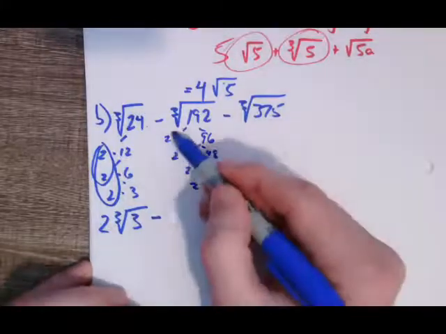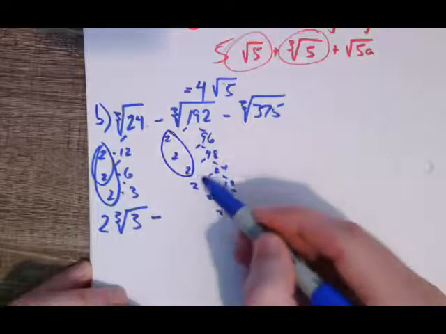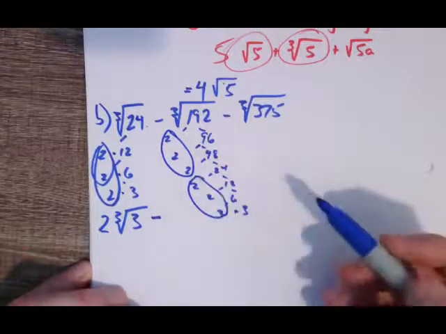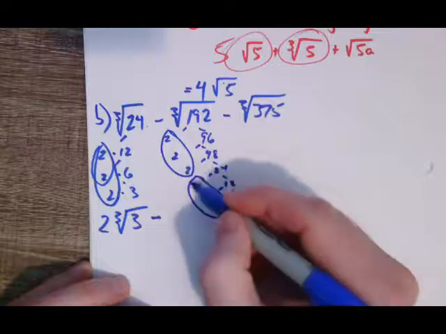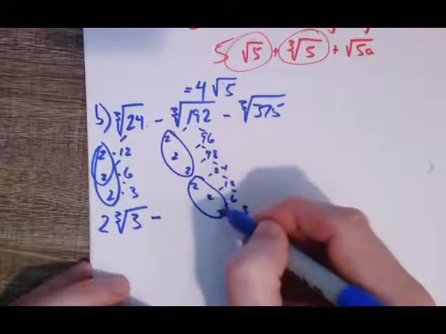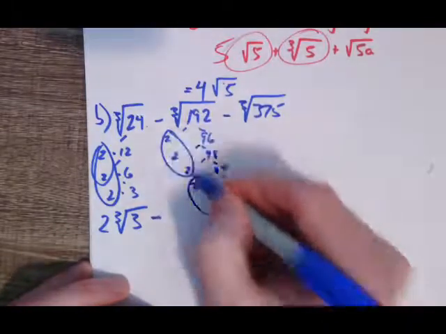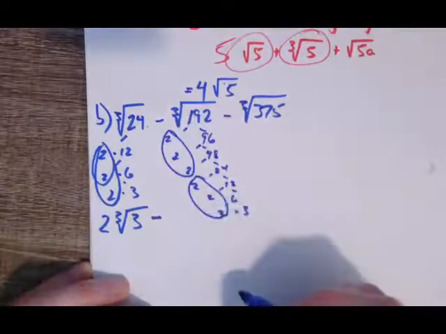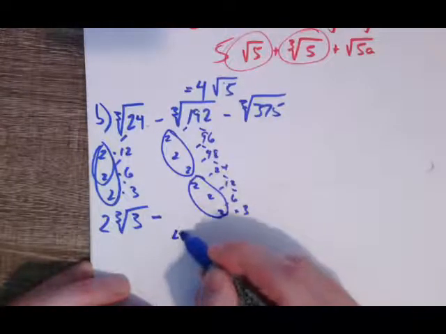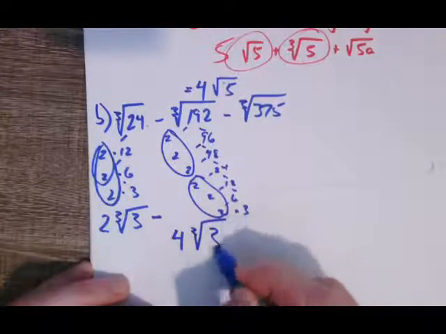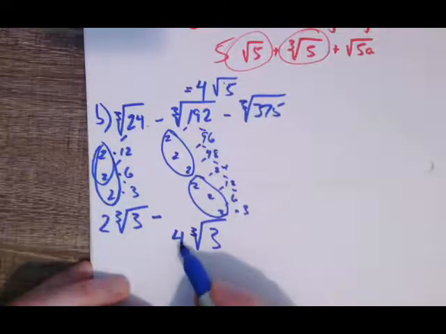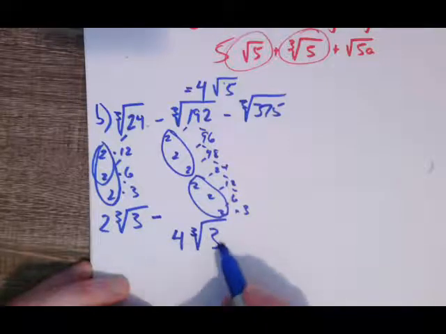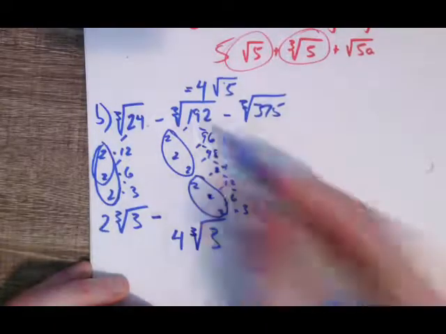So each group of 3, there's 2. 2 times 2 is 4, times 2 is 8, times 2 is 16, times 2 is 32, times 2 is 64. The cube root of 64 is 4. 4 cube root 3 is left behind. Does that make sense? So 4 cubed, 4 times 4 is 16, times 4 is 64, 64 times 3 is 192.